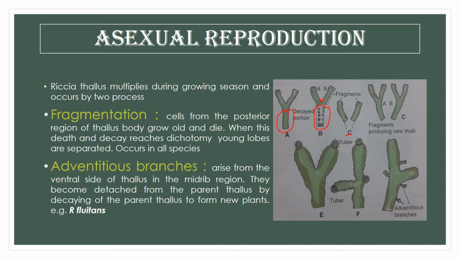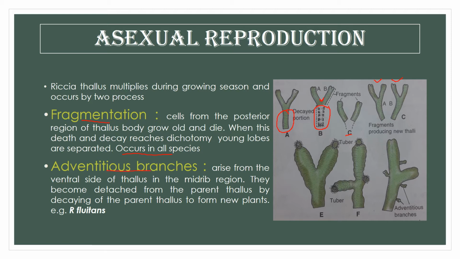The two separated lobes of the thallus again undergo dichotomy and form two entirely new thalli, here number 1 and number 2. This is the process of fragmentation, and it occurs in all species of Riccia.